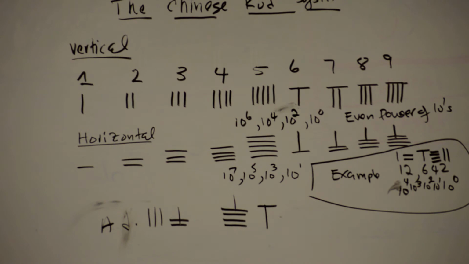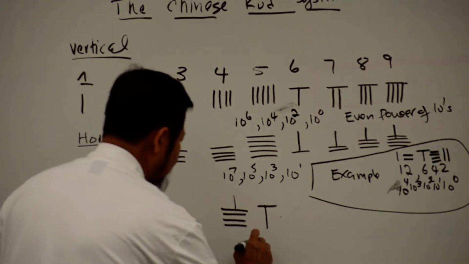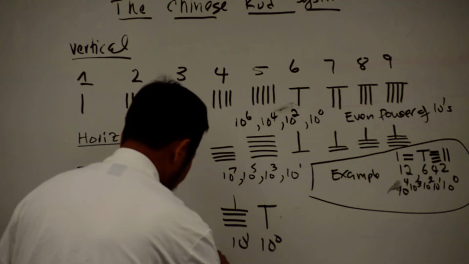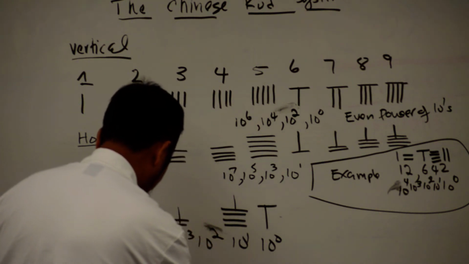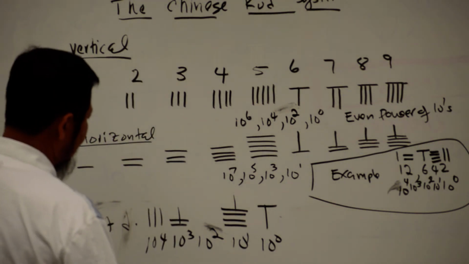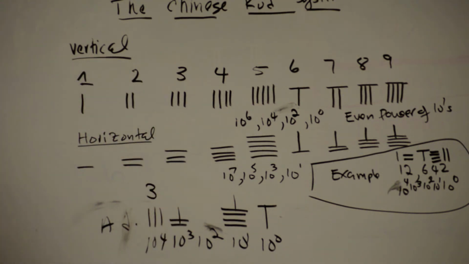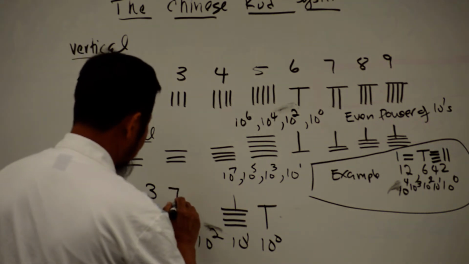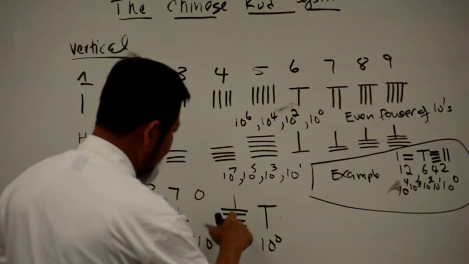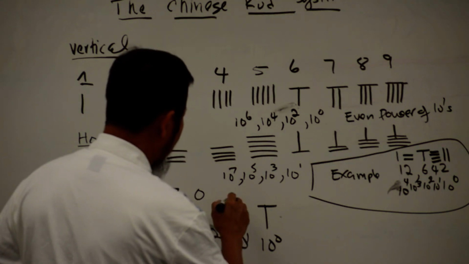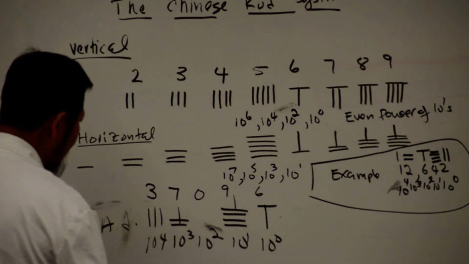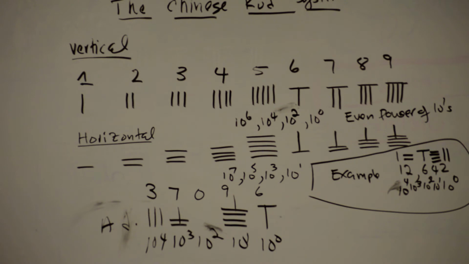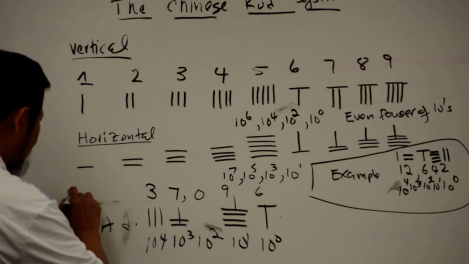So this is 10 to the 0, 10 to the first, 10 to the second, 10 to the third, 10 to the fourth, right? So this stands for 3, that's 7, and the space means 0, then 1, 2, 3, that's 9, and then this number represents 6. So the answer is 37,096. We want to write it into our number system.